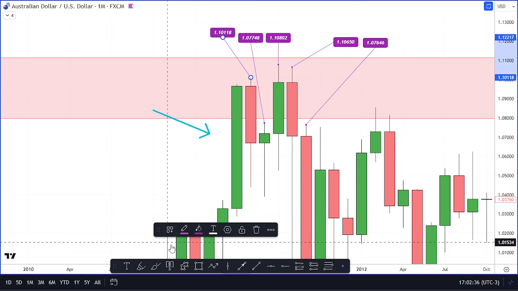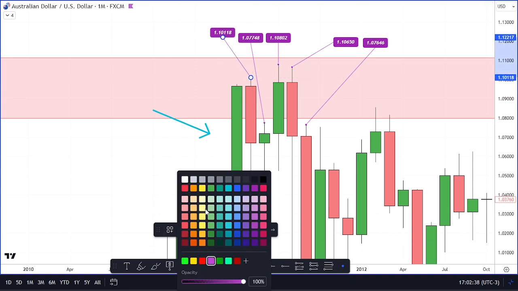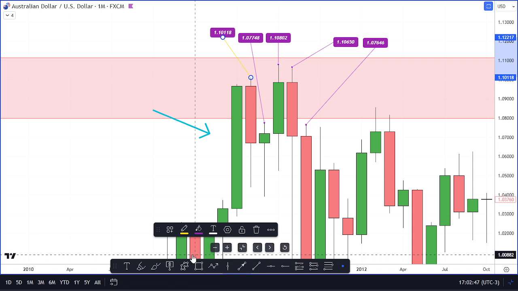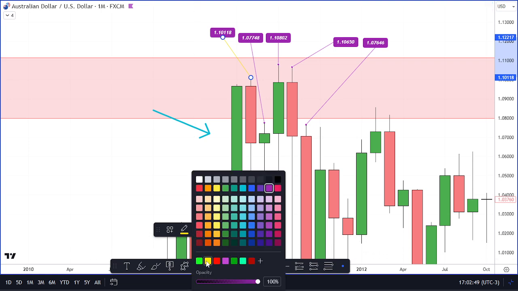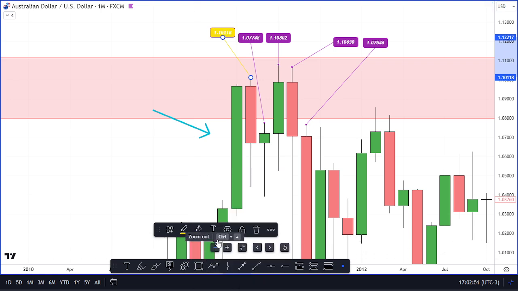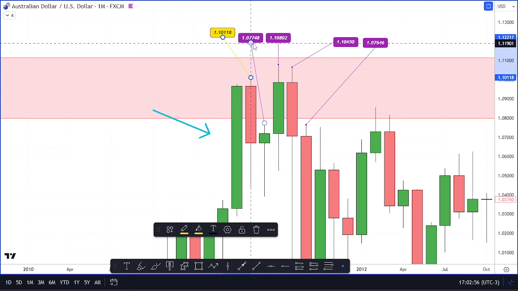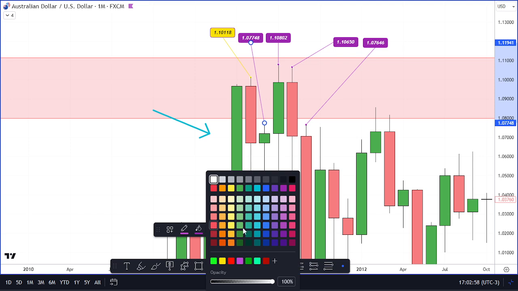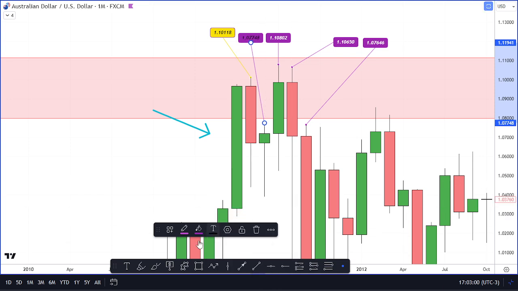So let me just change the colors to something different, black and yellow, so that we can better identify what we are doing here. I don't want to mix things up.